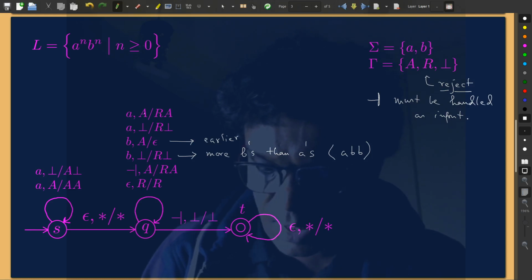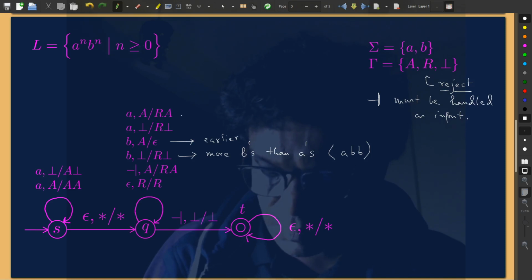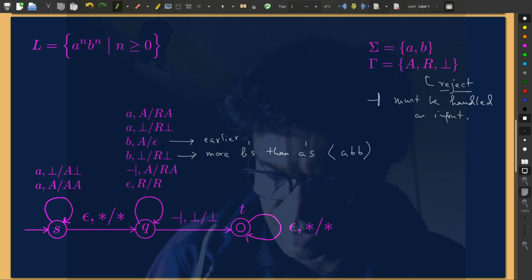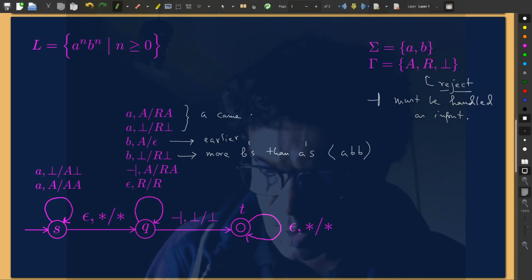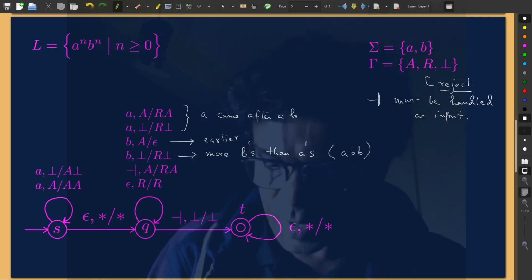Here, this essentially means some A has come. So it must have read some of the B's, otherwise it could not have come here. So this essentially means some A came after a B. So this is not of the form A star B star.